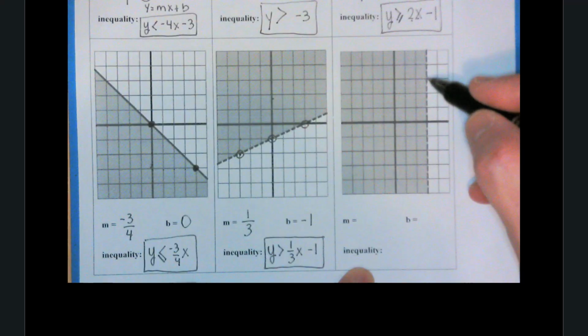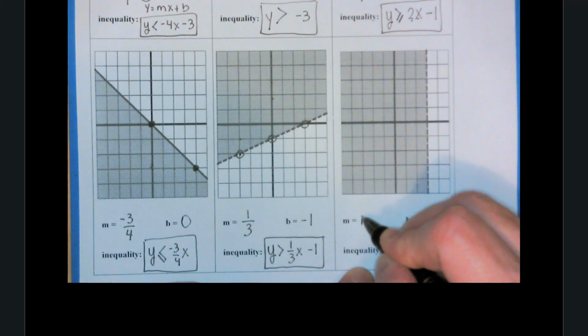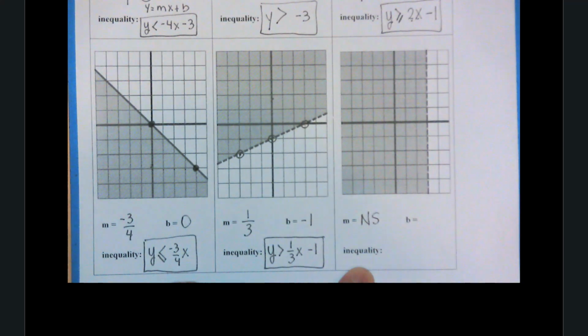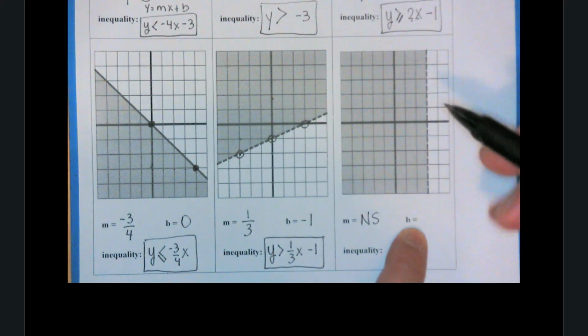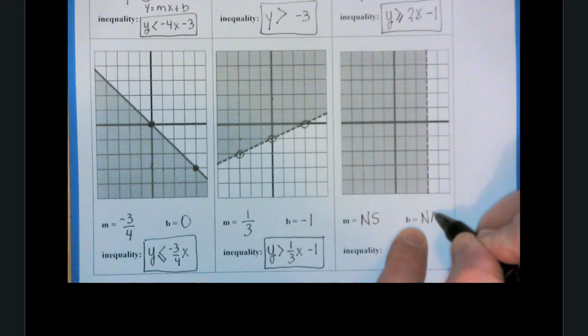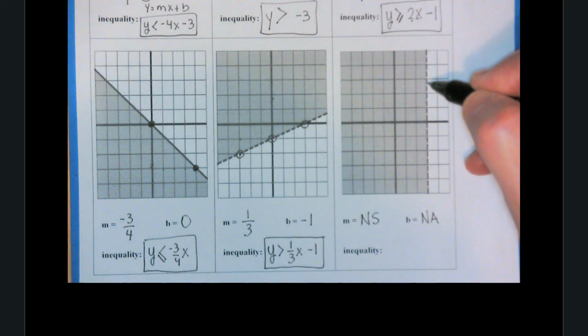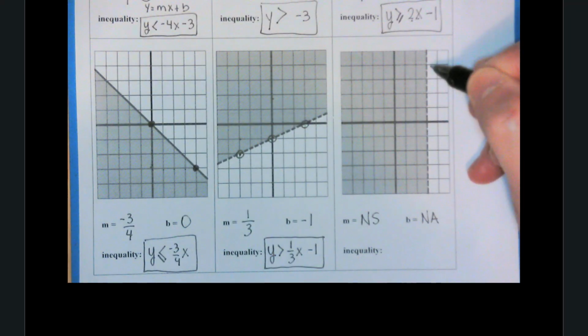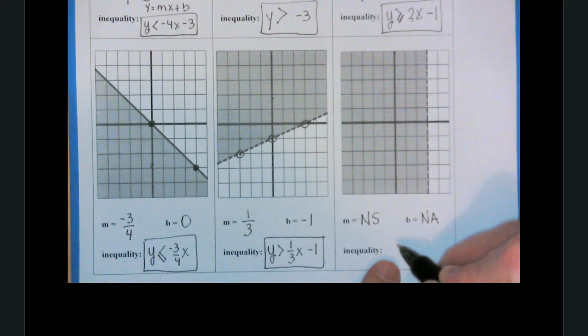Last problem, I see that I have a vertical line, and vertical lines have no slope or undefined slope. My y-intercept, as you can see, this line does not touch the y-axis, so this is not applicable. And vertical lines have the special case that this doesn't start with y, it starts with x.